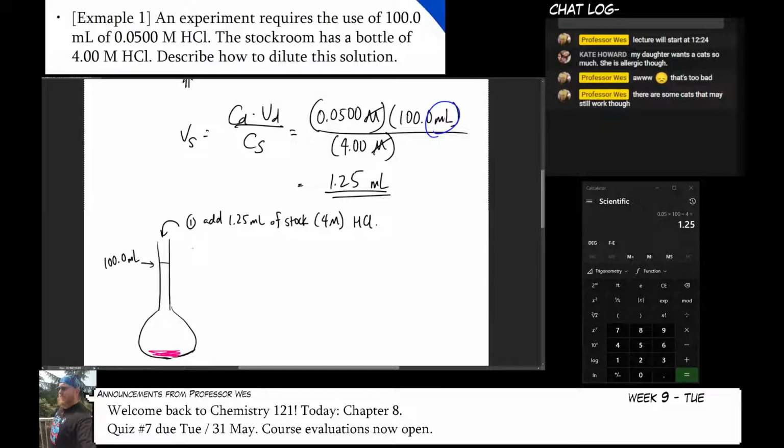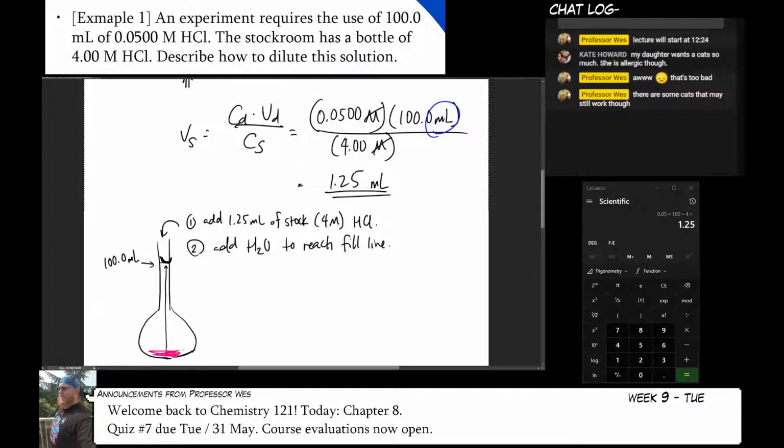Then step 2, we're going to add enough H2O to reach this fill line, because if I had 100 milliliters, I would end up here, right? That's no good. I don't want to end up above the 100 milliliter mark. So what I need to do is add enough water to get this volume up to here.